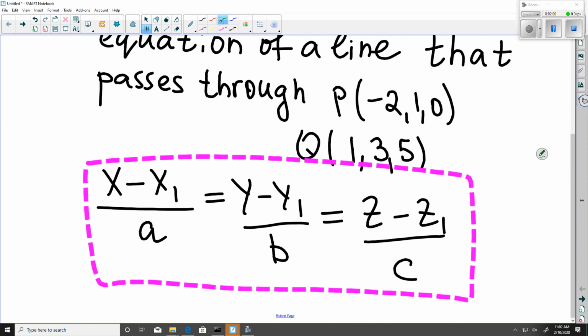In this beautiful equation, x1, y1, and z1 will be coordinates of any point which belongs to this line. And you can choose P or Q, doesn't matter. Let it be P, x1, y1, z1.